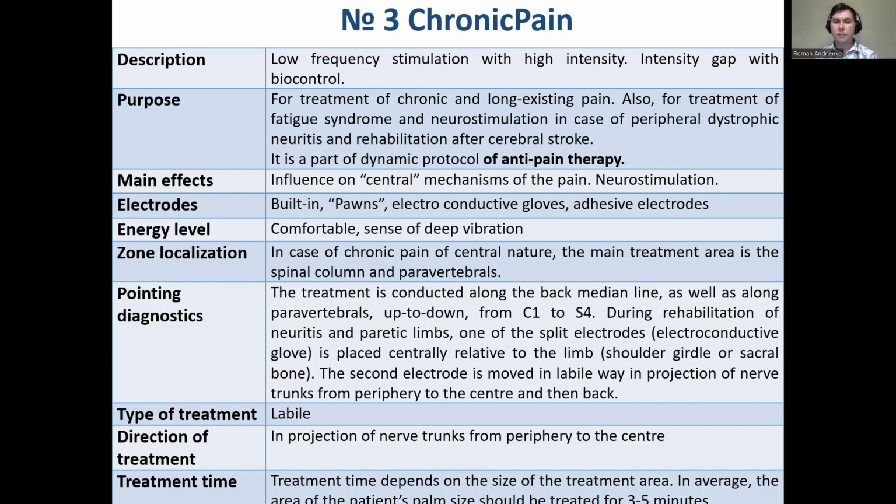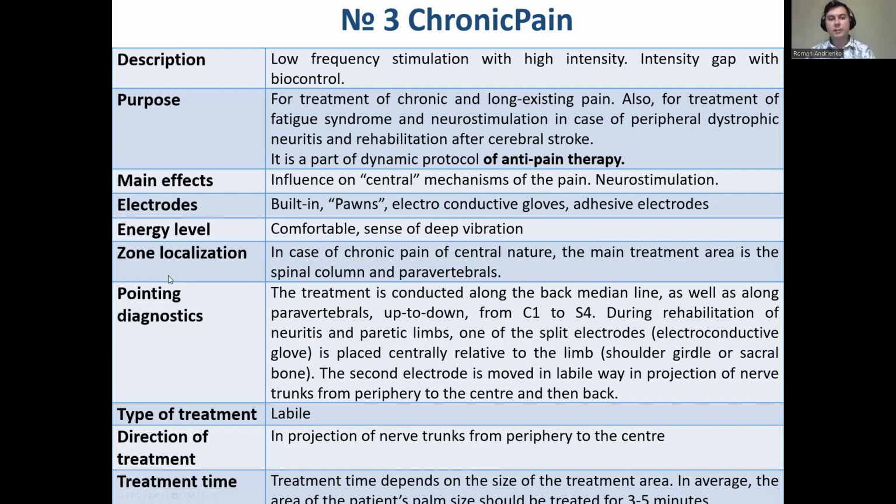It is also a part of the dynamic protocol of anti-pain therapy. What do we do here? The main effects include the influence on central mechanisms of the pain and neurostimulation. Again, we can use any type of electrode. We use a comfortable energy level, and we try to achieve from our patient that they report a sense of deep vibration in their body.